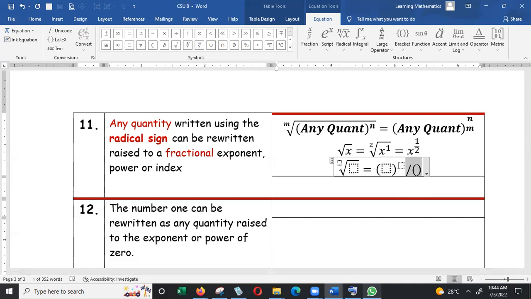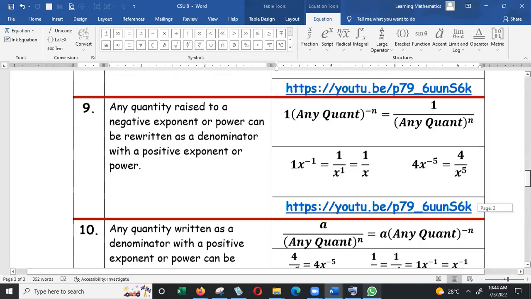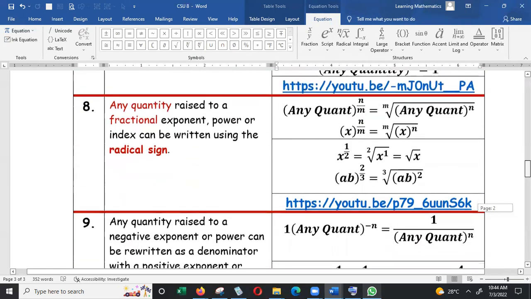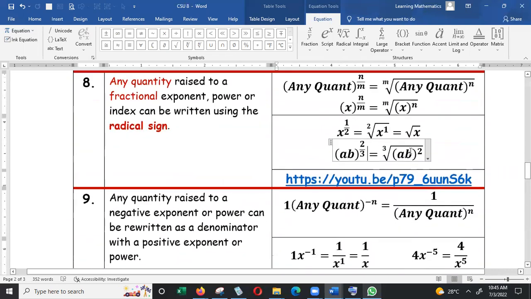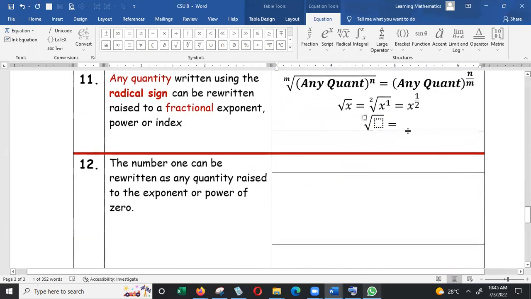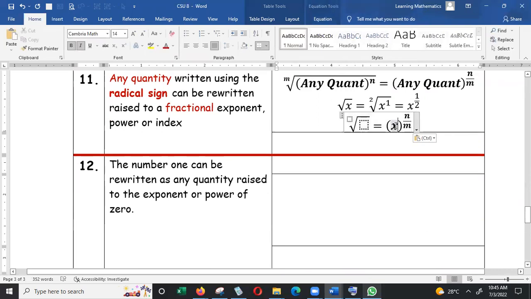I just want the fractional, or I can borrow it from here. I have it here written. A blank fractional. I can just grab one there. Blank fractional. And just empty out.